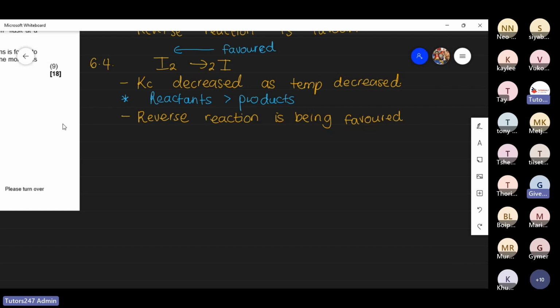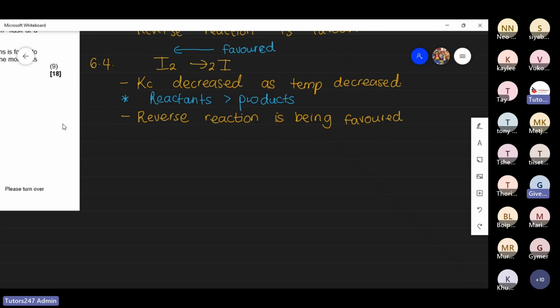And because the reactants are greater than the products, because keep in mind our Kc value has been reduced. Remember what we discussed in our theory, that if we have a low Kc value, it means that our reactants are greater than our products.